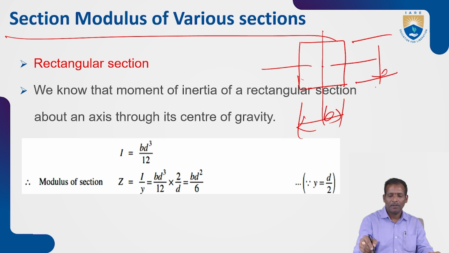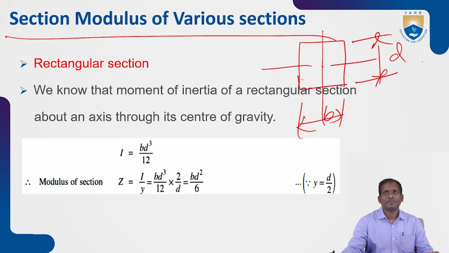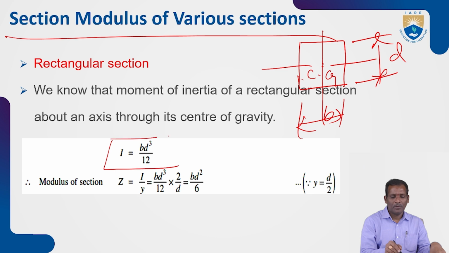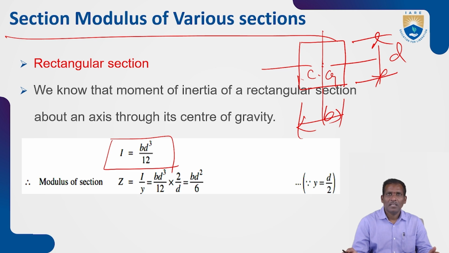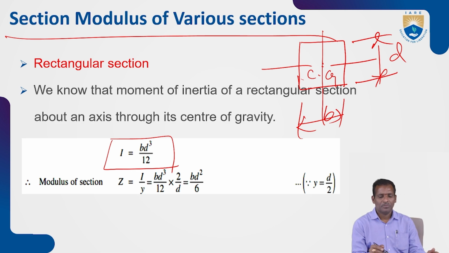and depth D. We know the moment of inertia of the rectangular section about an axis through its center of gravity, I is equal to BD cubed by 12, where B is the width and D is the depth of the section.